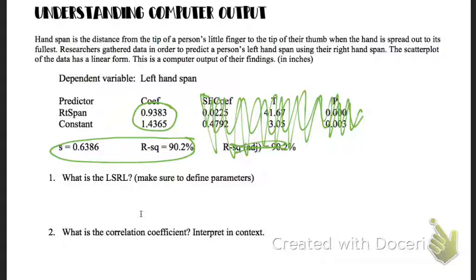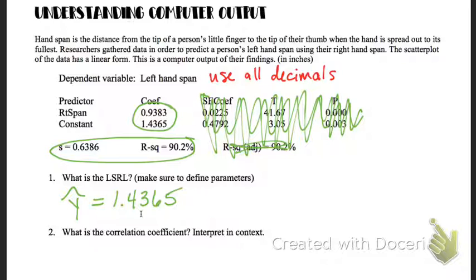So if I'm going to make the LSRL, y hat equals, which one would be my y-intercept? 1.4365. Another thing to mention is computer output typically goes out more decimals than you would on your calculator. You need to use all the decimals whenever you're writing an LSRL from computer output.